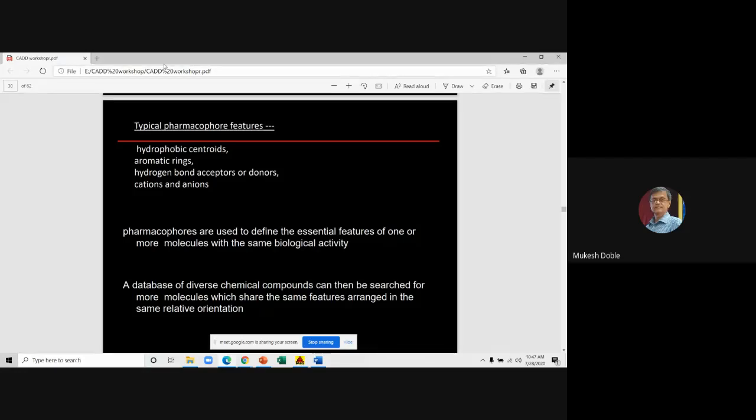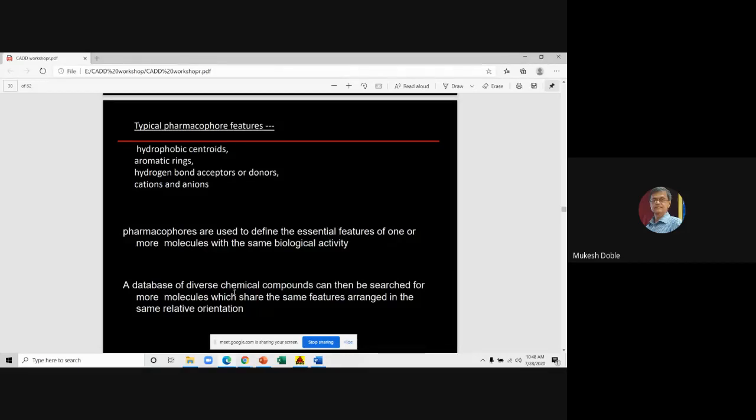Later on, I can look at a large database and look for those features. If there are some molecules also having these features, then I would say probably those molecules have the same activity. That's the advantage. I can screen a large database to see whether these features are present.